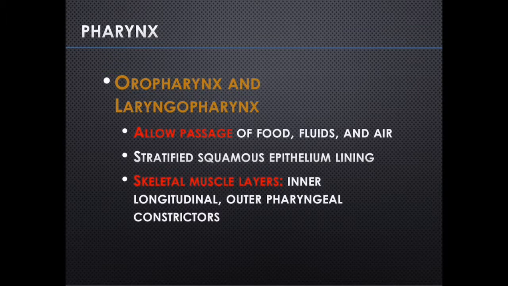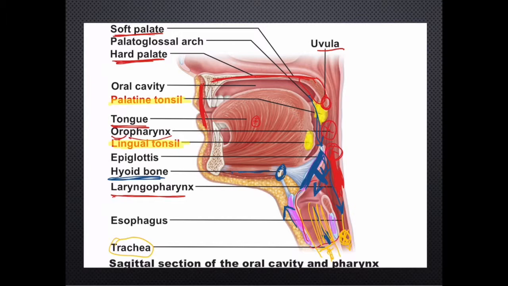If you see on here, back to this diagram, the part of the pharynx that was located just behind the oral cavity, this was my oropharynx, and the part of the pharynx that was located just behind the larynx, this is my laryngopharynx. And you see on here, the air, in order for it to travel down to the larynx and the trachea, it did need to travel through the oropharynx and the laryngopharynx.